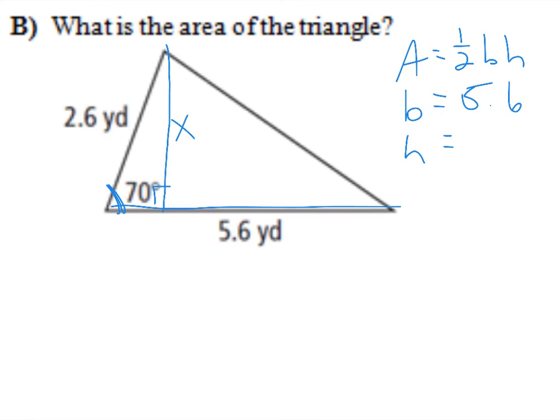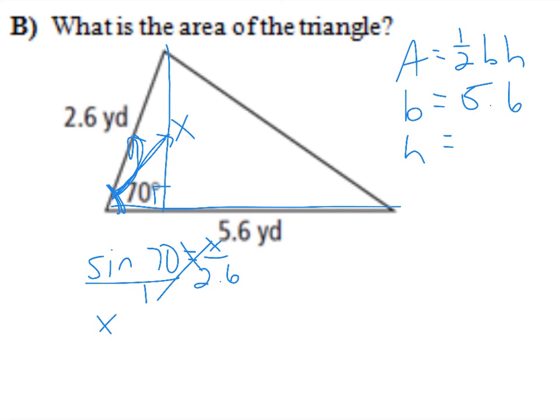Now again, I want to use my height that I'm looking for, and then this side length here, my hypotenuse of 2.6. So how that's going to look, opposite and hypotenuse, I'm using sine again, so sine of 70 is equal to x over 2.6. Cross multiply, I get x is equal to 2.6 times the sine of 70.